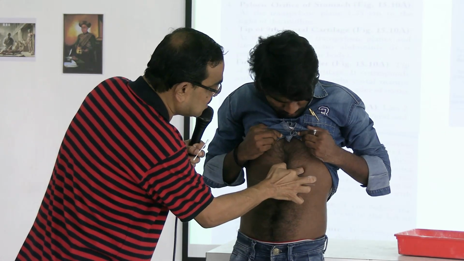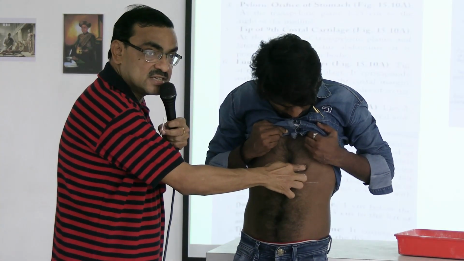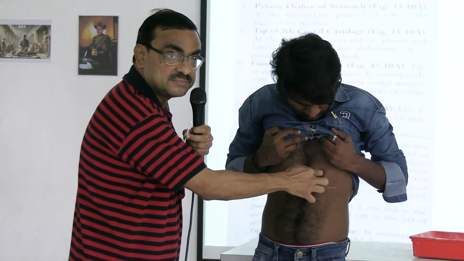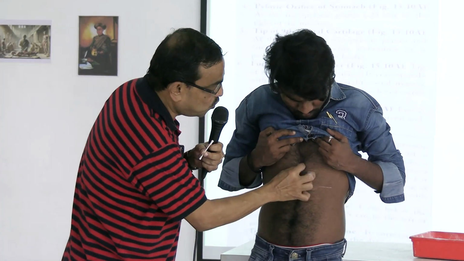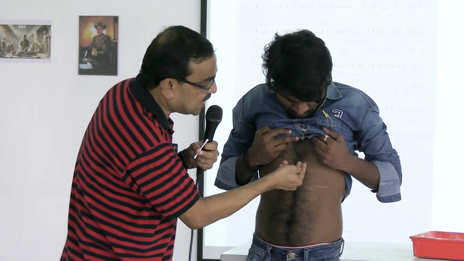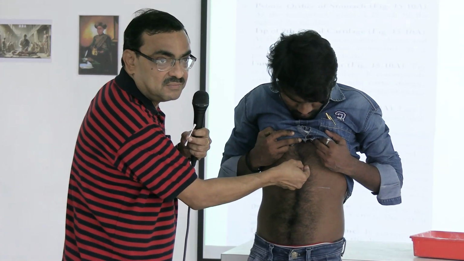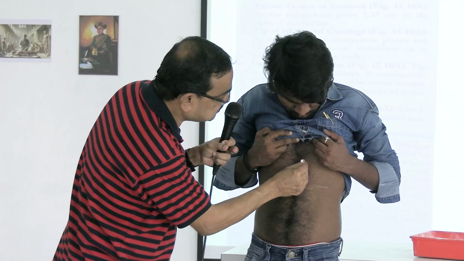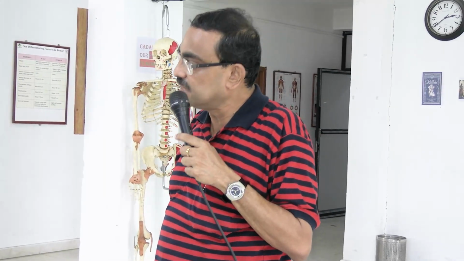This point is at the level of the 7th costal cartilage, 2.5 centimeter, that means 1 inch, away from the midline. So this should be the point.